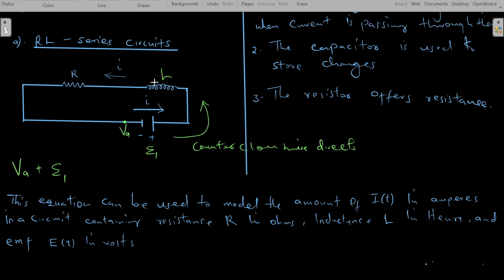So from this point we'll have a drop in the voltage, okay, we'll have a drop in the potential at this point, so it should be negative.